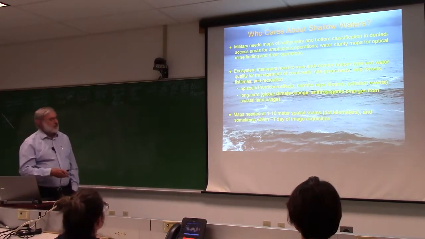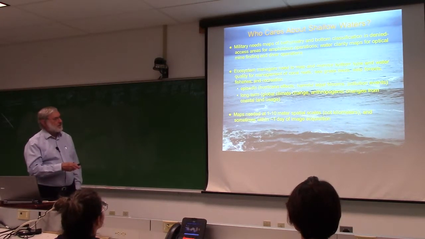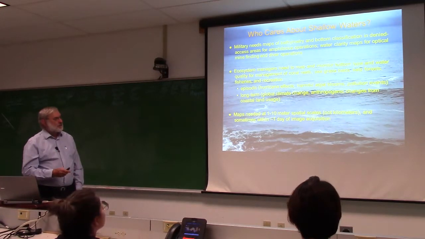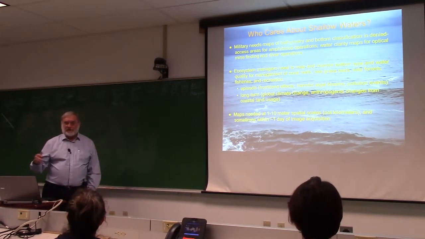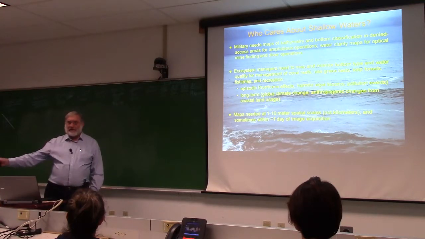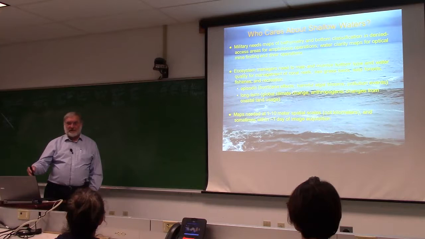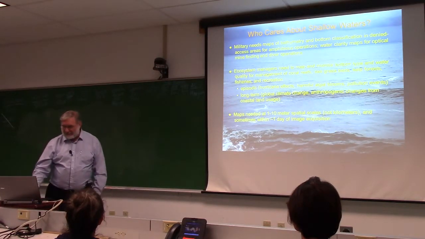And of course those are episodic events, meaning they just occur now and then, or oil spills, that kind of thing. But also just long-term monitoring to see what things like climate change or runoff of fertilizers from adjacent farmland are doing to the water, what it's doing to the seagrass beds, and so on.